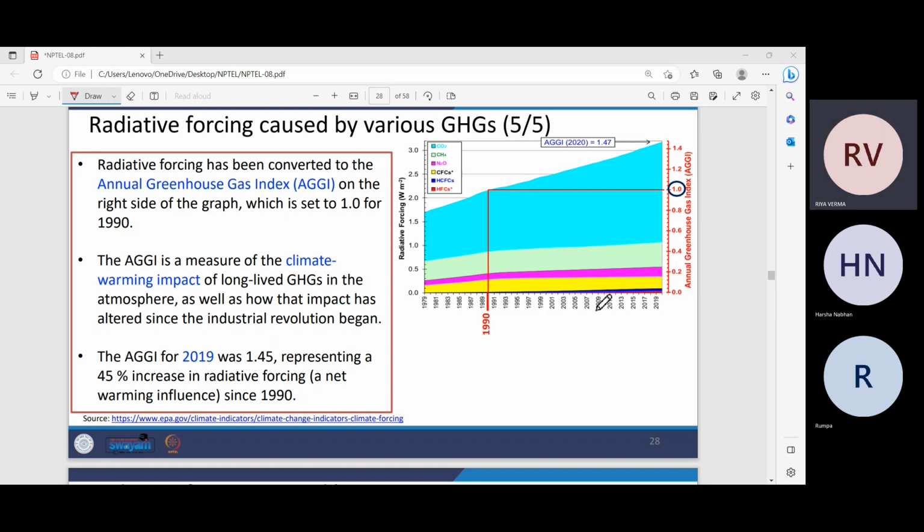So that represented a 45% increase in the radiative forcing which was observed in 1990. It became 1.45. That explains that the temperature of the Earth has risen since 1990.